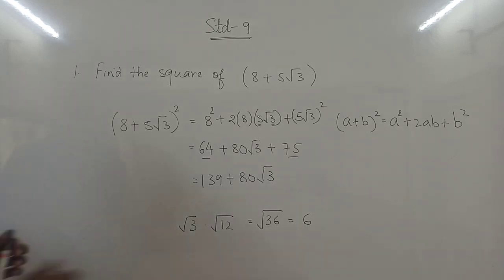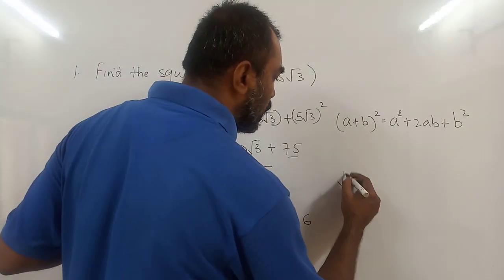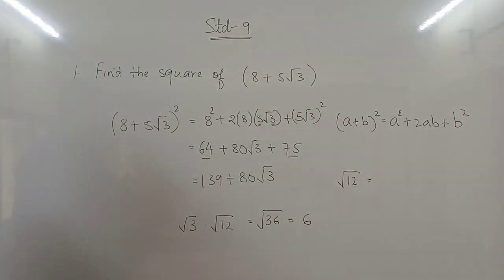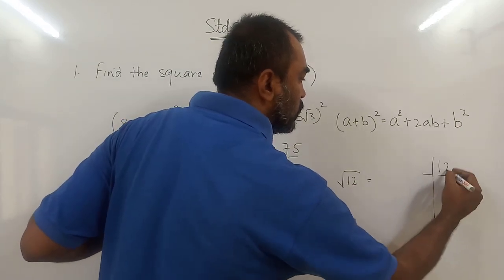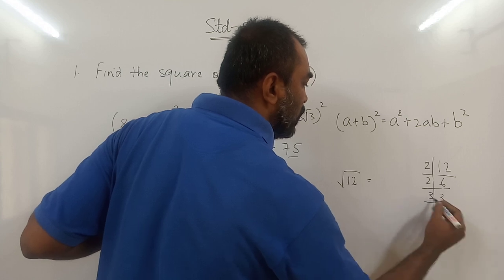One more thing to consider here is this number 12. How do you write root 12? In 9th you did prime factorization. Remember prime factorization? You break up this 12 into factors: 2 6s are 12, 2 3s are 6, 3 1s are 3.